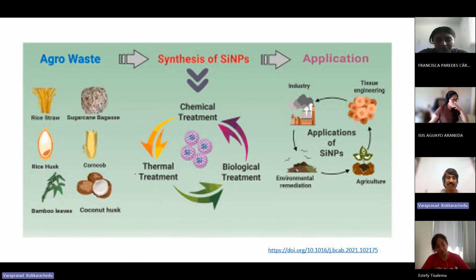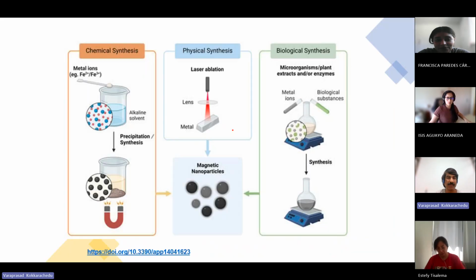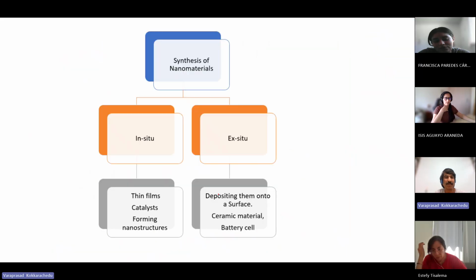Any kind of agriculture waste we can use for synthesis of the nanoparticle for the respective applications. Whatever we use, chemical synthesis, physical synthesis, biological synthesis, what is our ultimate goal? We have to get very small size nanoparticles in order to use for medical applications. Whatever we use, chemical or biological, it is only to get good nanoparticles.